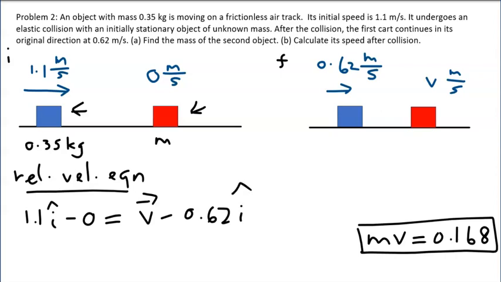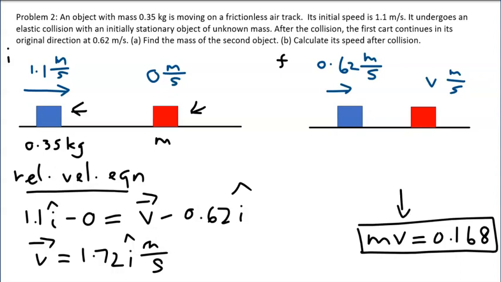So you can immediately get the velocity of that red object as 1.72 I hat meter per second.